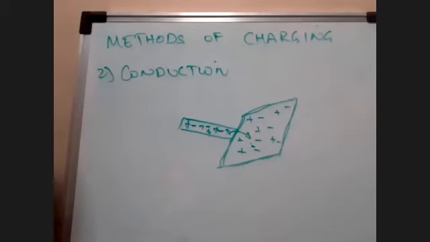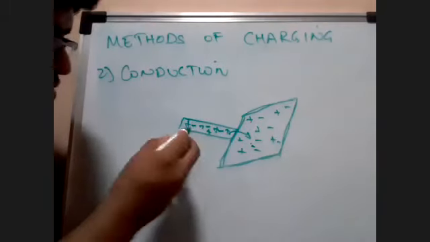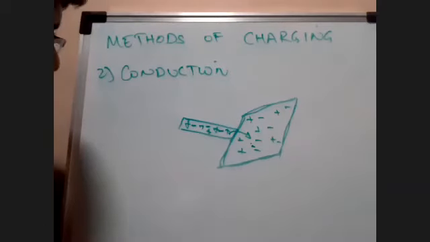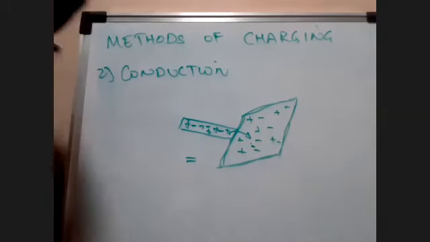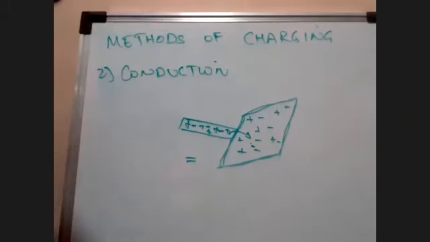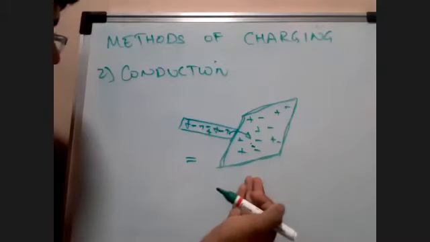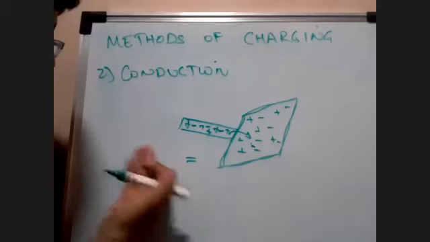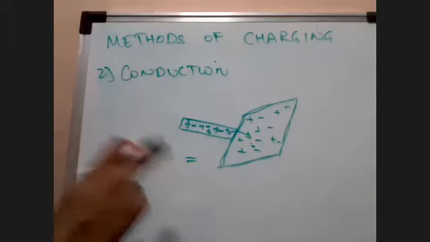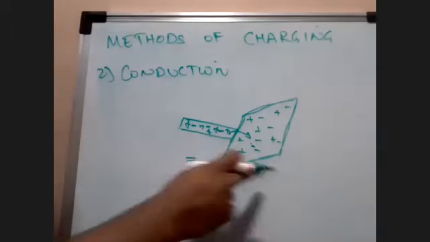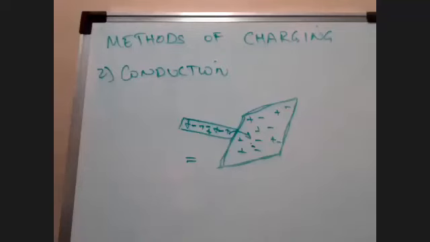And again, the repulsion keeps continuing till there is an equal amount of potential, or in other words, an equal number of charges on the plate and on the rod. Both will be the same. So when two conductors are brought in contact, the flow of charges takes place from one to another until both are at the same potential.